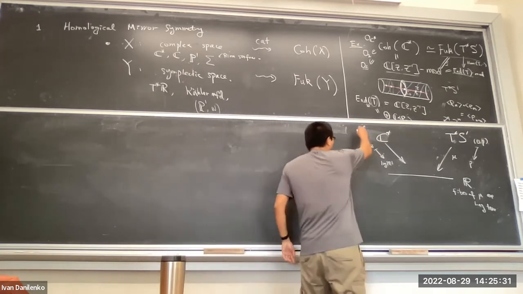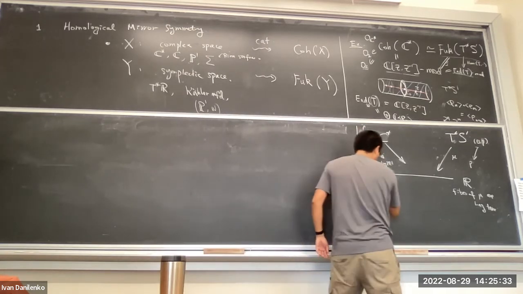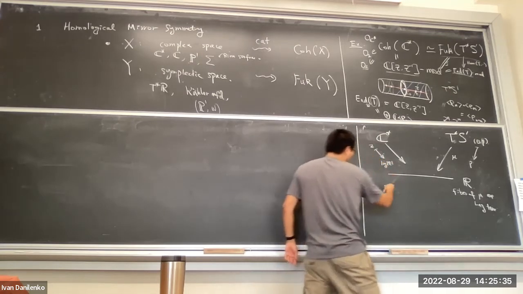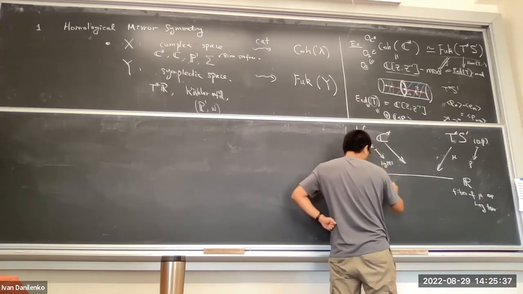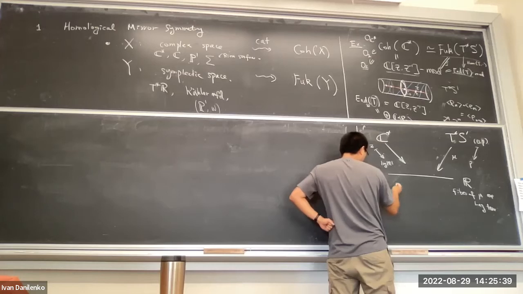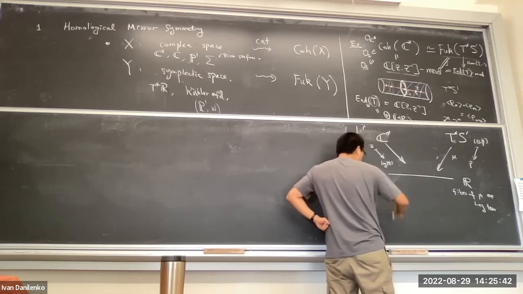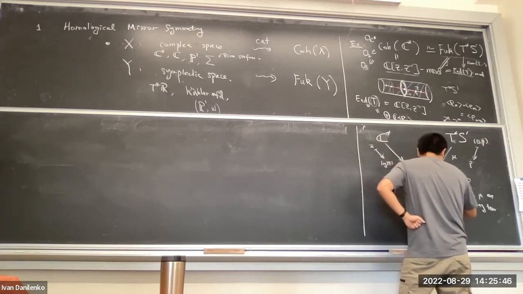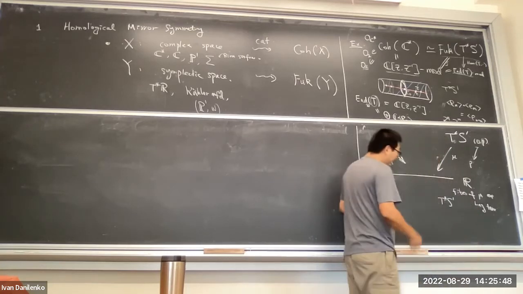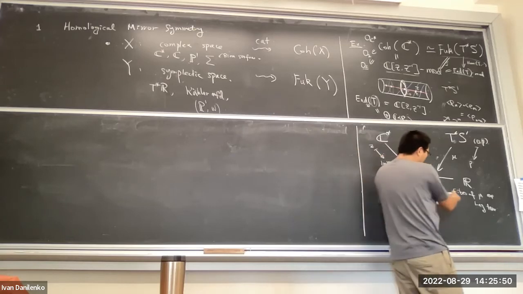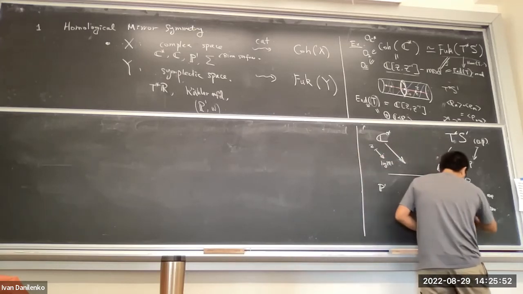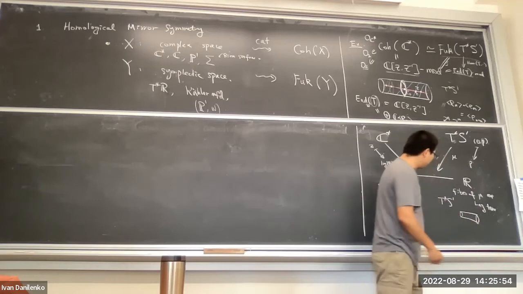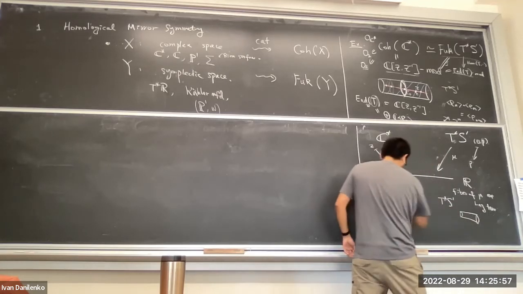Okay, so in general, you can also play the same game. For example, if you have some compactification, the P1 compactifying the C star, and here you would include T star S1. But in this game, you somehow do not compactify this end.